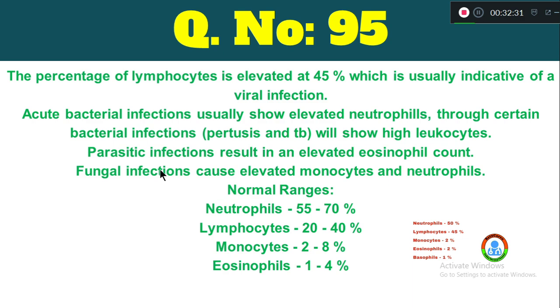Fungal infections can cause elevated monocytes and neutrophils. The normal ranges are given here. Neutrophils should be 55 to 70 percent, lymphocytes 20 to 40 percent, monocytes 2 to 8 percent, and eosinophils 1 to 4 percent. But in this case the lymphocyte is 45 percent, so we can suspect viral infection.